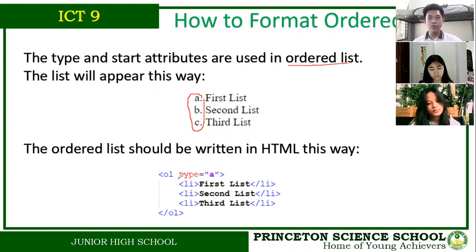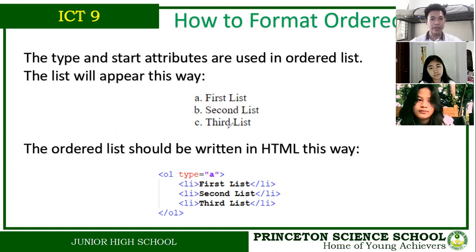And a way to make it in alphabetical order, we are using formatting attributes, same as how we apply them in the paragraph tag or the P tag or in the heading tag. So in here, we are using type equals A. So A meaning that is the first item that we're going to use in the list. Okay, so type A.